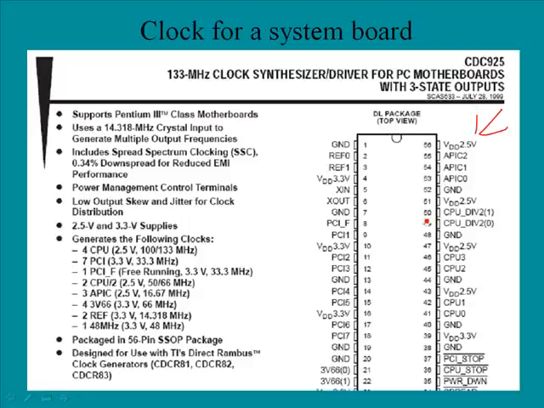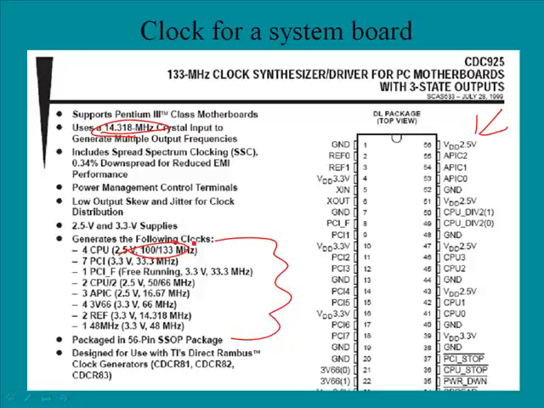And I just refer to this simply because in our studies we've been looking at various chips and integrated circuits, and this is an integrated circuit that starts out with this 14.318 megahertz crystal, and it generates all of the frequencies that you see here. And for example, here we have 100 and 133 megahertz, which are common starting frequencies for microprocessors. Usually they're multiplied by one of these to get the necessary frequencies.